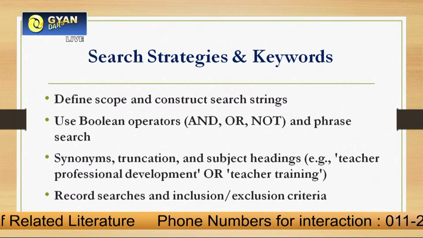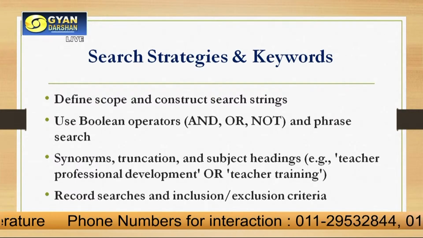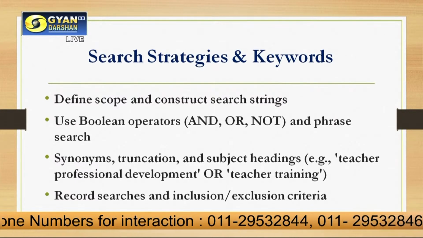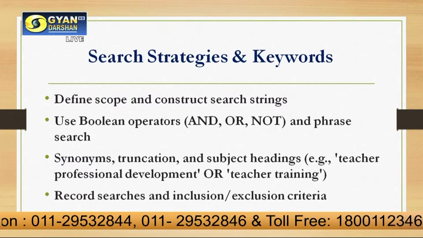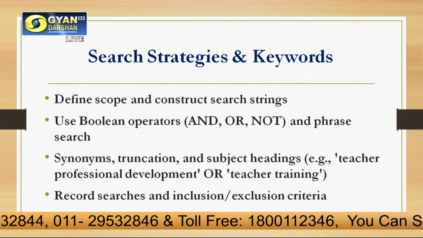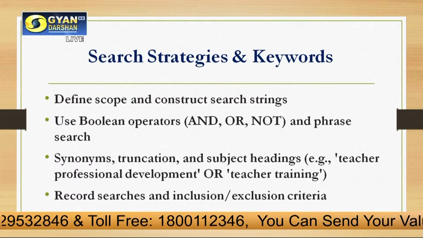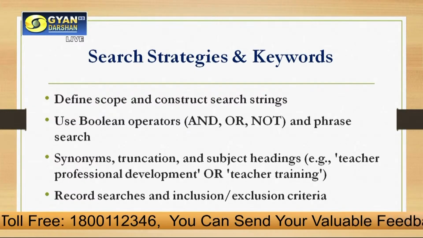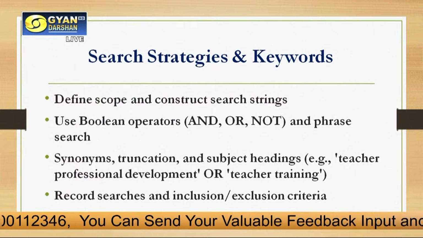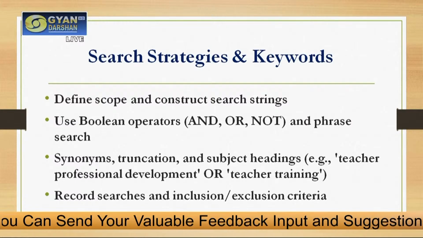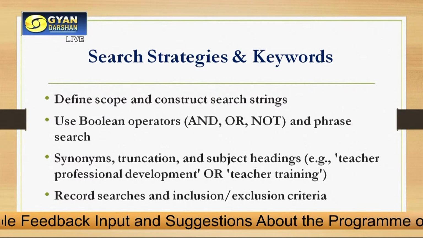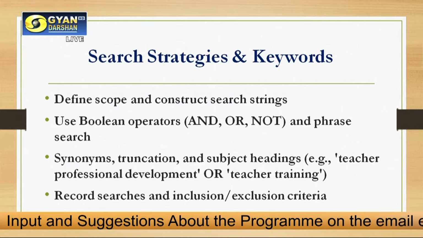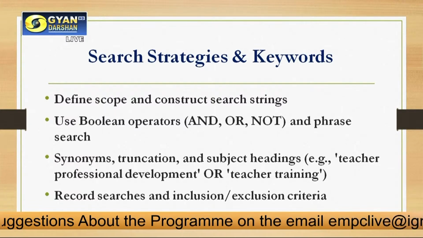This helps you to limit, so that the search engine gives you only the documents related to the area you are working on. You can have synonyms, truncation, subject headings, etc. Like on the slide, you are seeing teacher professional development put in inverted commas, so that only those documents and papers related to that area will be listed.